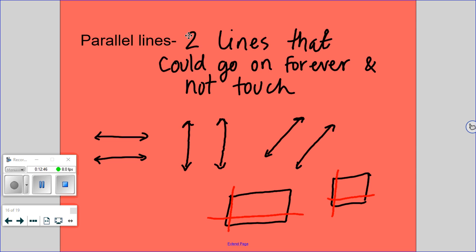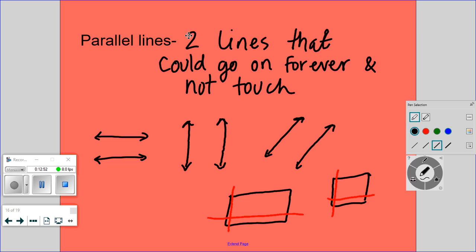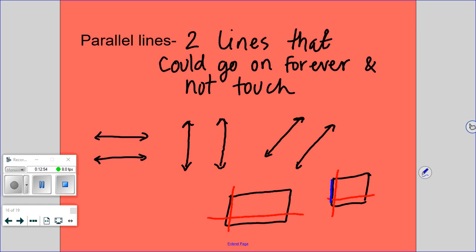The opposite sides are parallel. So this side and this side are parallel. And then this side and this side are parallel.